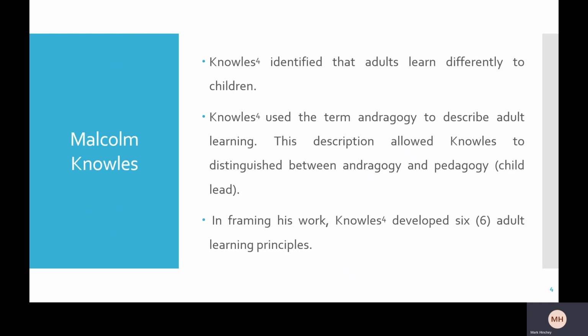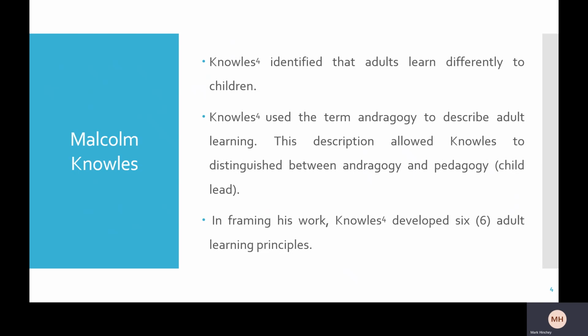Knowles is not 100% down the line saying that this is what must take place for adult learning. But Knowles developed assumptions. Some of these assumptions may apply, some of them may be fallible and false. So it's our job as educators to look at our learners and see whether these adult learning principles apply to our classrooms. But going back and reinforcing that first point, Knowles identified that adults learn differently than children.